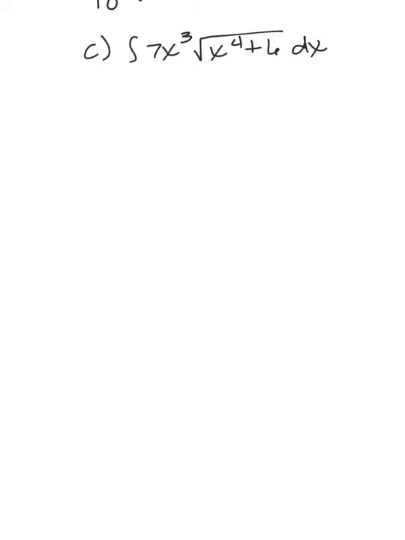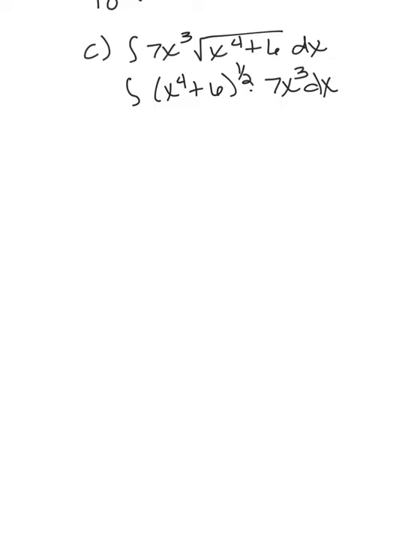On example C, our integral is 7x cubed times the square root of x to the 4th plus 6. Recognize that a square root is a 1/2 power. So we've got x to the 4th plus 6 to the 1/2 power, and then we've got our 7x cubed dx.